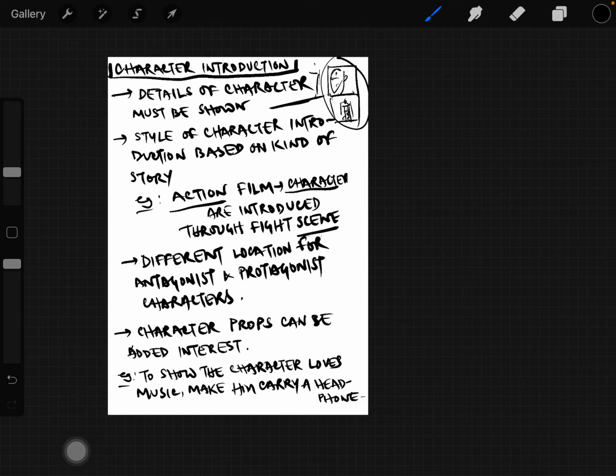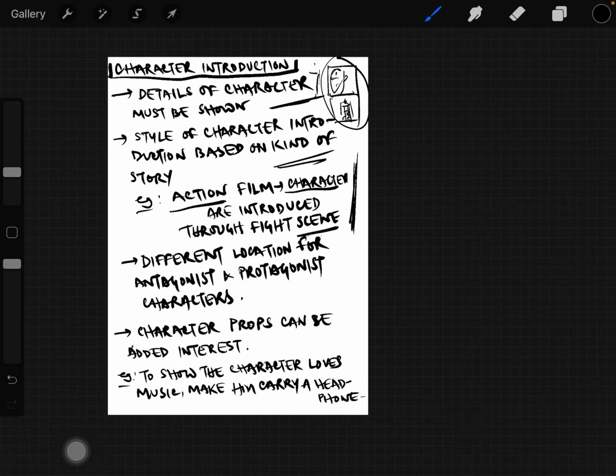If you all remember the Avengers film, right, how the characters are introduced, got it? So that is very important, how you are introducing the characters in your film based on the story. Okay, what kind of story it is. All right, and that gives a very clear idea about the story, also a very clear idea about the character.